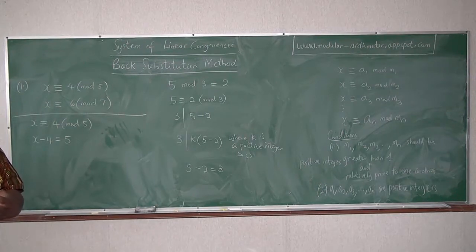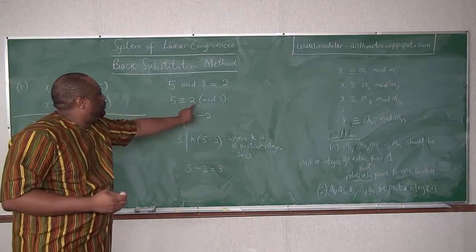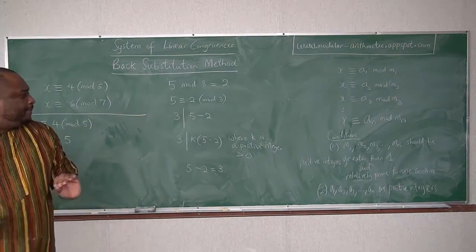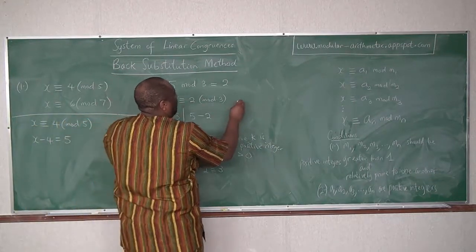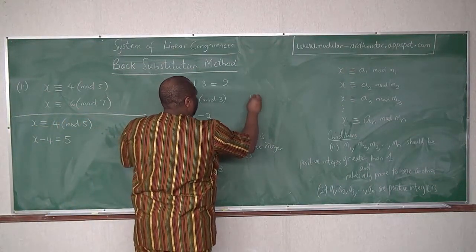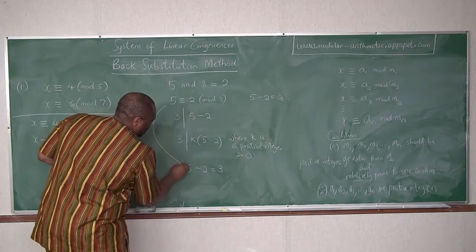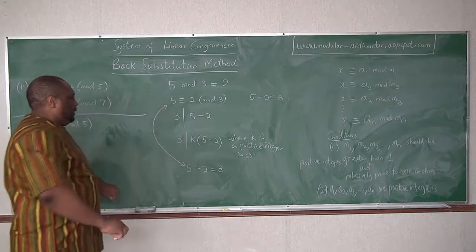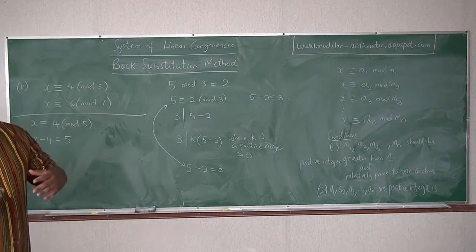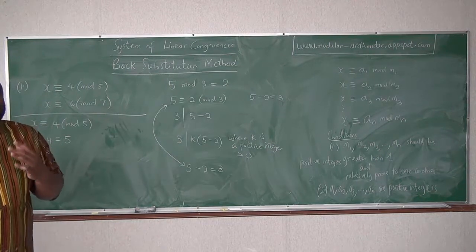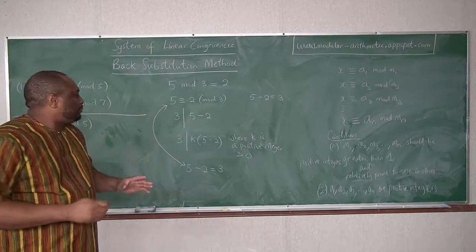Just like we have 5 minus 2 is equal to 3, from here. That is what it means. And this means that 3 will divide 5 minus 2.